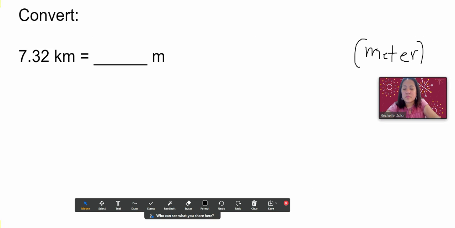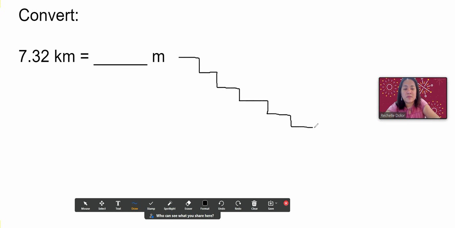Okay. So we have here: convert 7.32 kilometers to meters. As you can see here, we discussed the staircase. So you're gonna have 1, 2, 3, 4, 5, 6, 7. Alright, so we discussed all about Kangaroo helps dingo because dingo can't multiply, right?